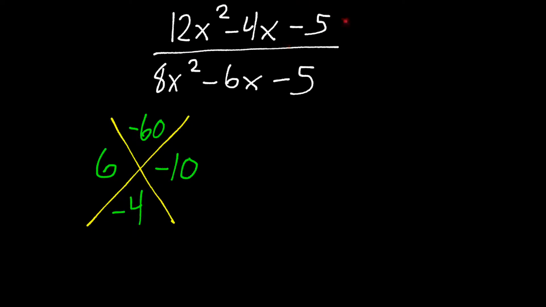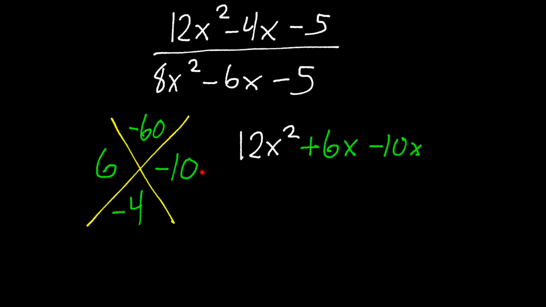We're going to rewrite the numerator, but with these two terms. So, we're going to have our 12x squared at the beginning, but then we're going to have a plus 6x. We got the 6 from here, and we added an x term onto it. Then we're going to have a minus 10x.